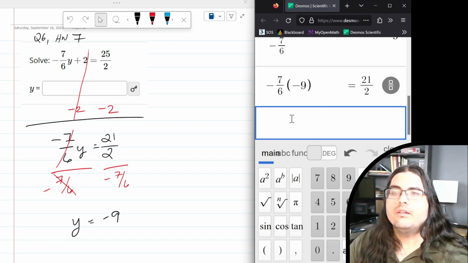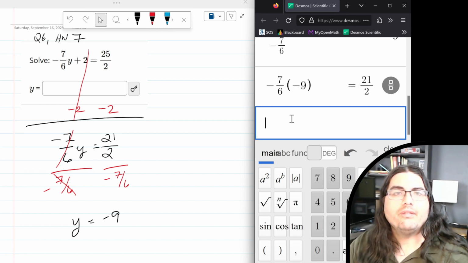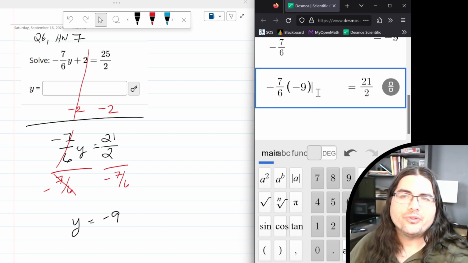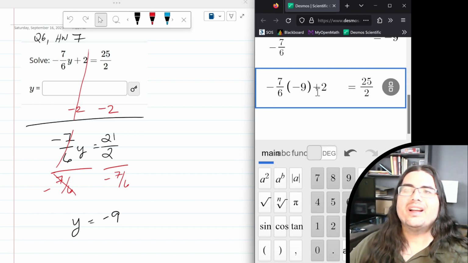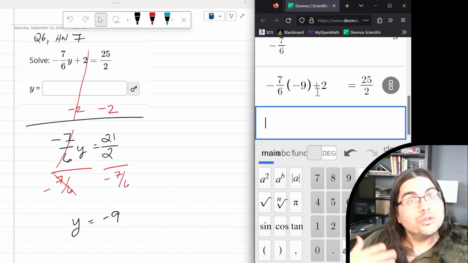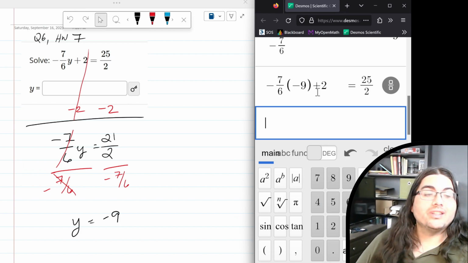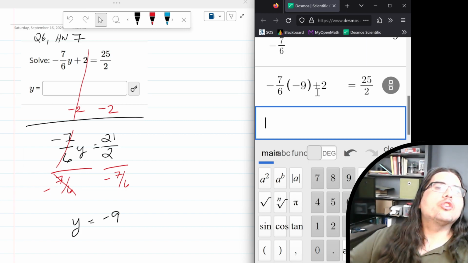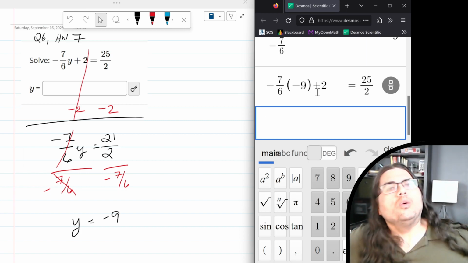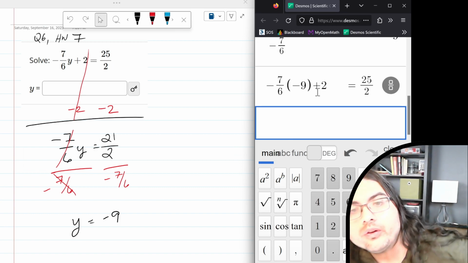And then we take that. Oh, I guess I should have done plus 2. Sorry. I didn't type in everything on the left side of that equation. All of that equals 25 over 2, which is exactly what we were looking for it to equal. And so I know this is correct. Right? So again, it's a quick and dirty way to get an answer when you have access to a calculator.